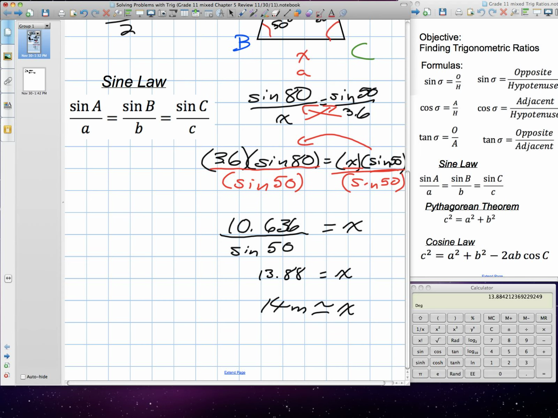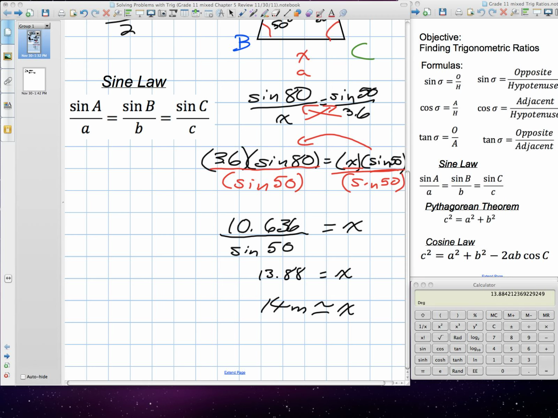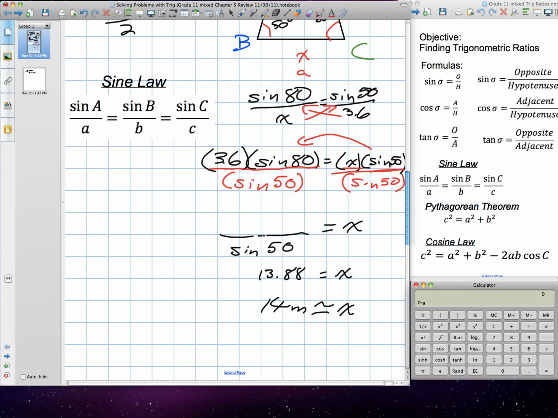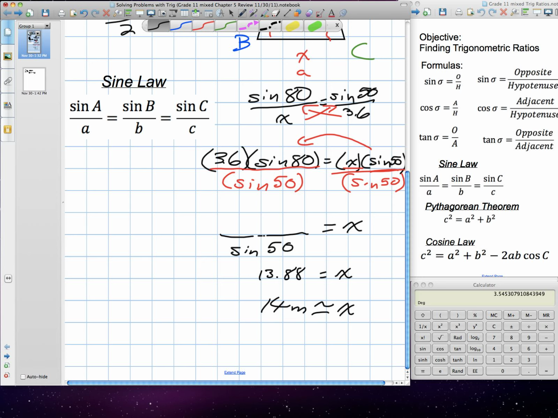Oh, you didn't? All right, let me just double check. Sorry, guys, I made a mistake up here. This is not 10.63. Sine 80 times 3.6 is 3.545. My fault. I must have pushed 36 or something.